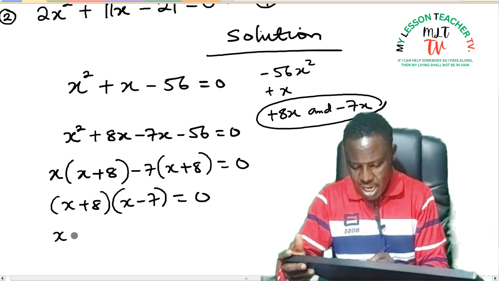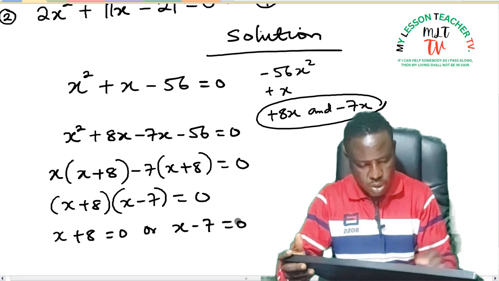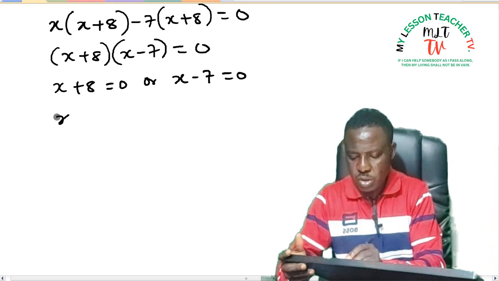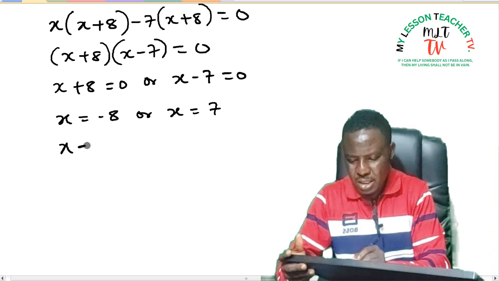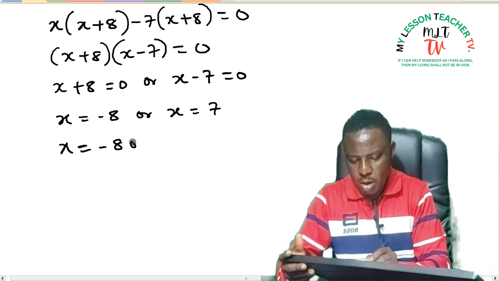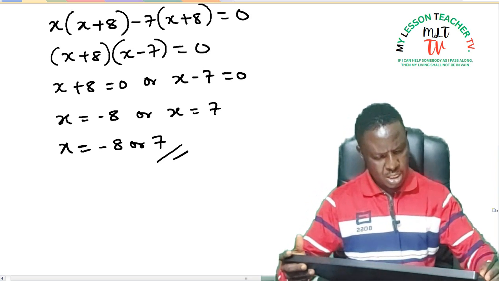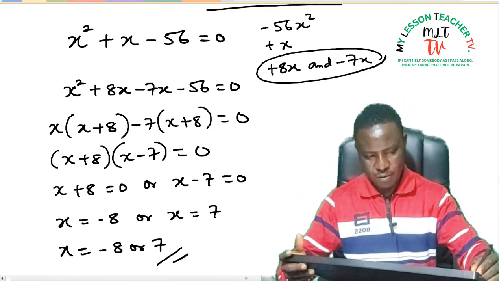So this means that it is either x plus 8 is equal to 0 or x minus 7 is equal to 0. And if x plus 8 is equal to 0, it therefore means that x is equal to minus 8 or x is equal to plus 7. So x is equal to minus 8 or 7. So this is your answer to question number 4.